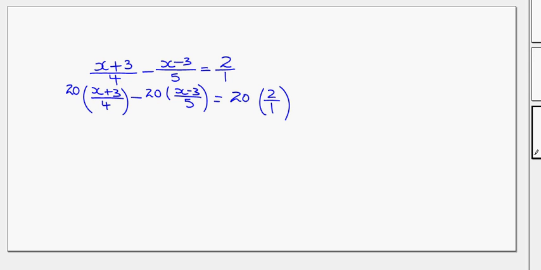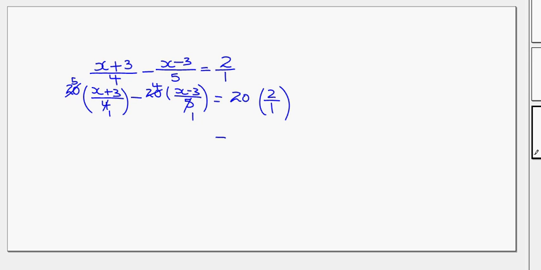So far so good? Right, then we're saying 4 into 4, 1, 4 into 20, 5. 5 into 5, 1, 5 into 20, 4. And of course, nothing can cancel on the other side.